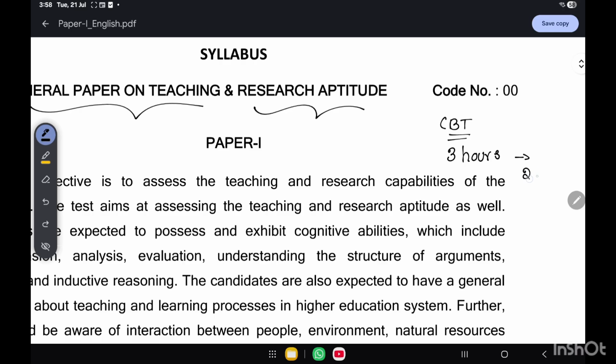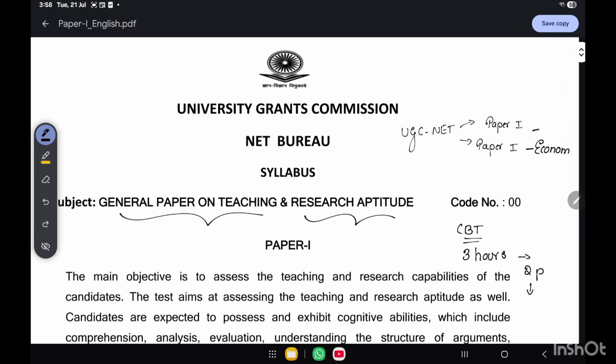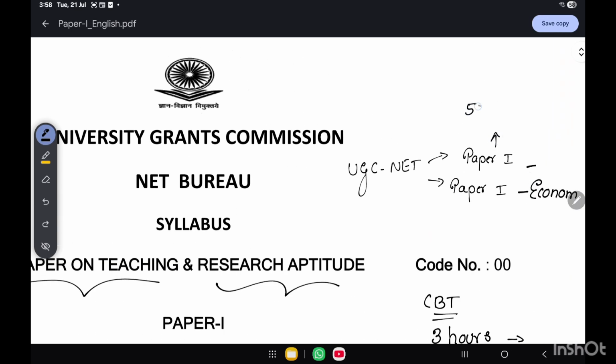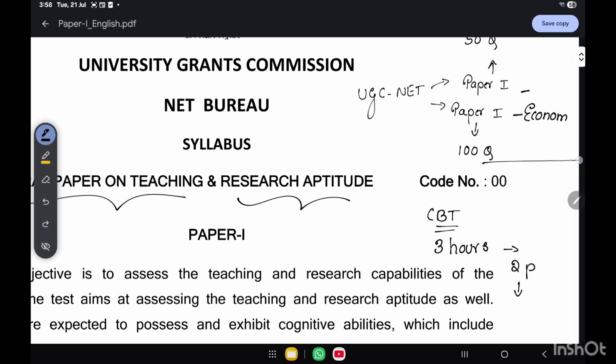In paper 1 you will have 50 objective type questions, and in paper 2 you will have 100 objective type questions. In total, paper 1 and paper 2 together have 150 questions, carrying 300 marks. No worry, there is no negative marking. There will be 2 marks per question, and all are MCQs, that is multiple choice questions.